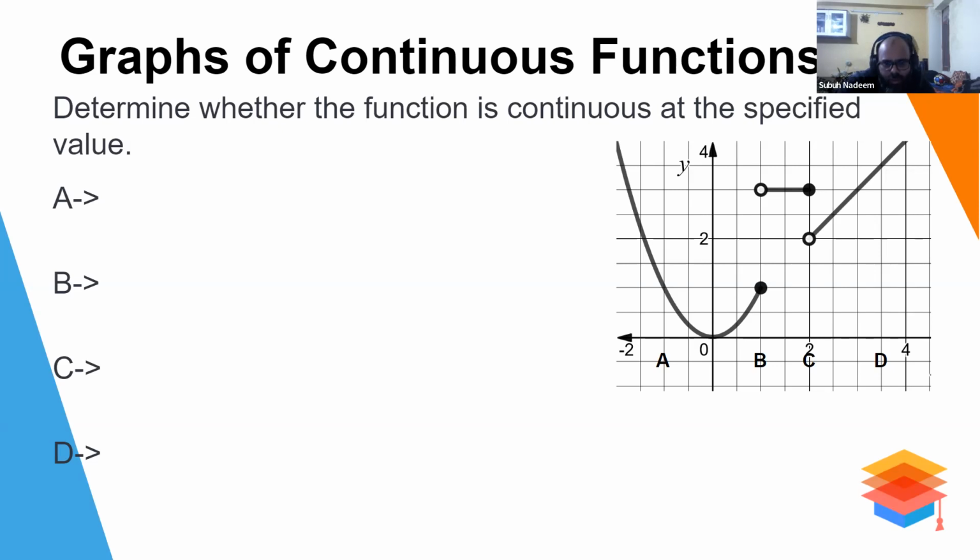If you further want to discuss why it is discontinuous at B, can you tell me the reason of it being discontinuous at B? Because there is a break. In terms of the limit, let us talk about B first.